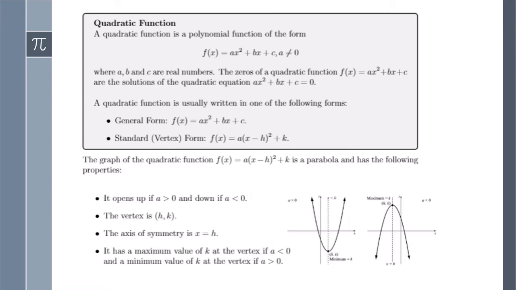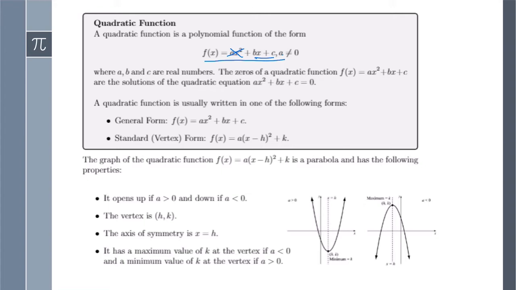A polynomial function written in this form here, ax squared plus bx plus c, is called a quadratic function. One important thing here again is that a cannot be 0, because if a is 0, then this second degree term will go away and that becomes a linear function.